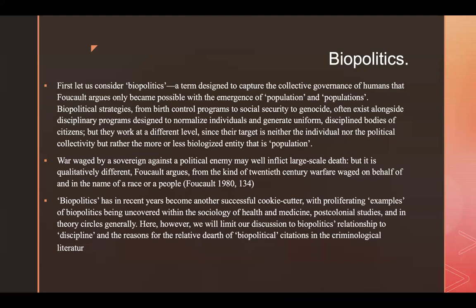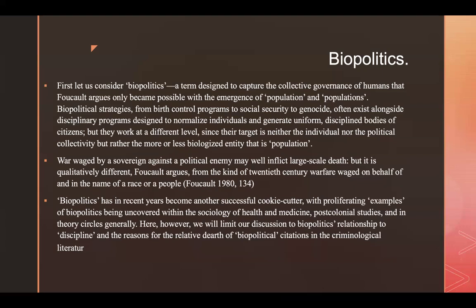So, war waged by a sovereign against a political enemy may well inflict large scale death, but it is qualitatively different, Foucault argues, from the kind of 20th century warfare waged on behalf of and in the name of a race or a people.